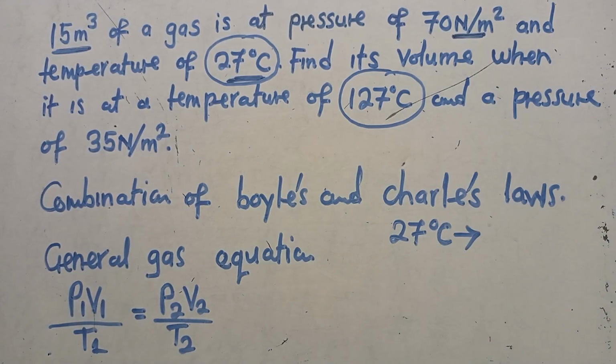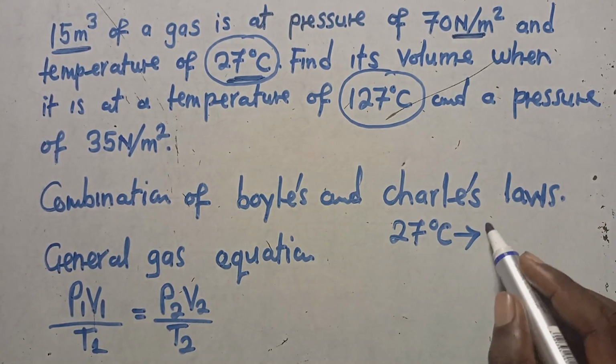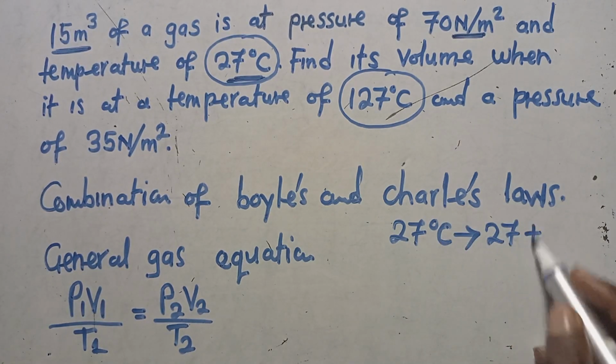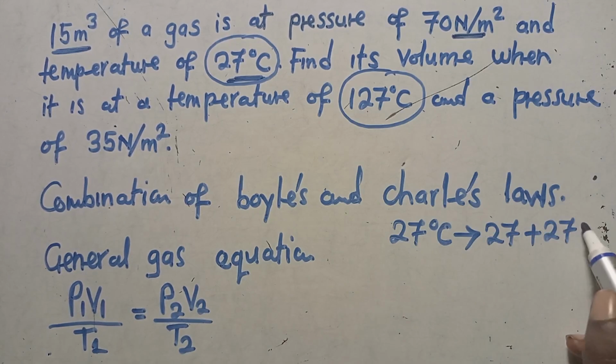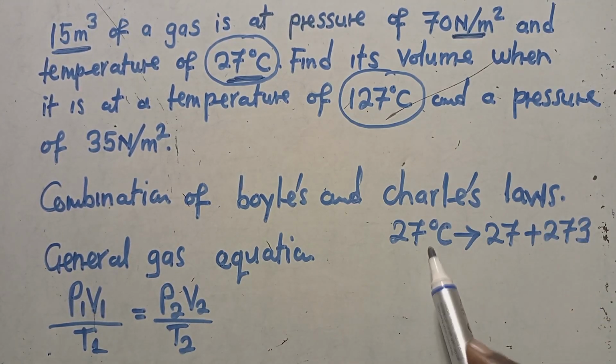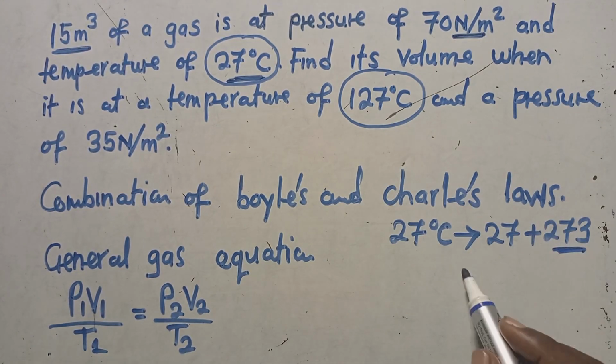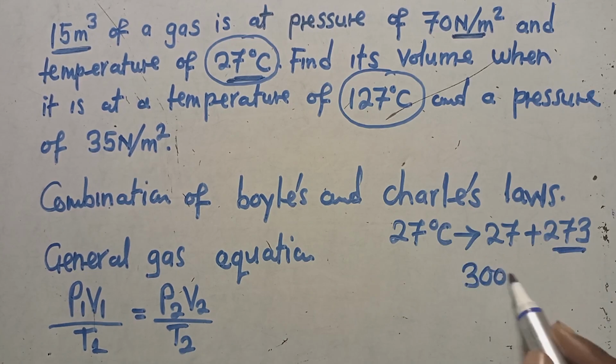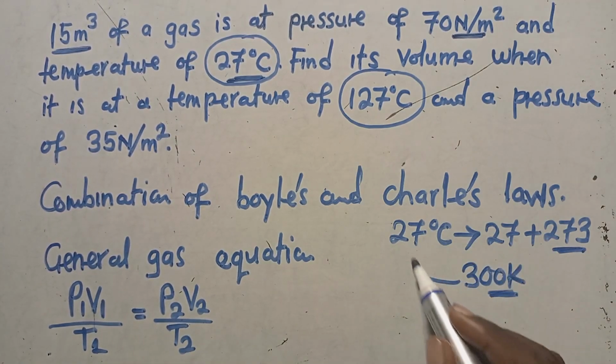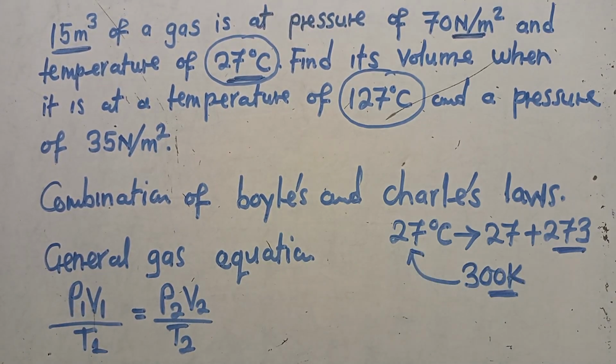You just say 27 plus 273. Whenever you are changing from degrees Celsius to Kelvins, you just add this constant. So when we add, we get 300 Kelvins. This is the temperature we are going to use where there is 27.